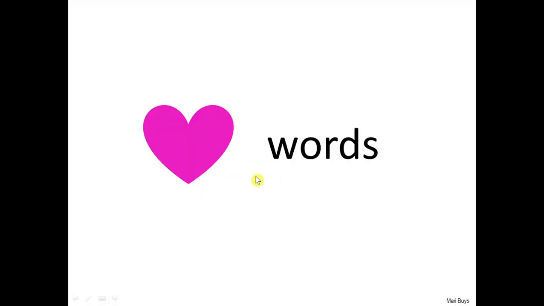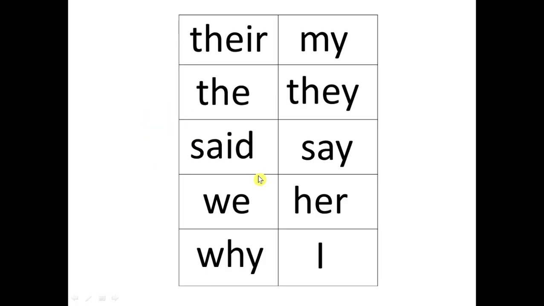Right, now let's look at the hard words. Let me give you a bit of background on this. Previously, grade 1 learners got a sheet like this, and the instructions were: mommy says the word, the child says the word, and they practice it, and they must just try to remember what the words are.